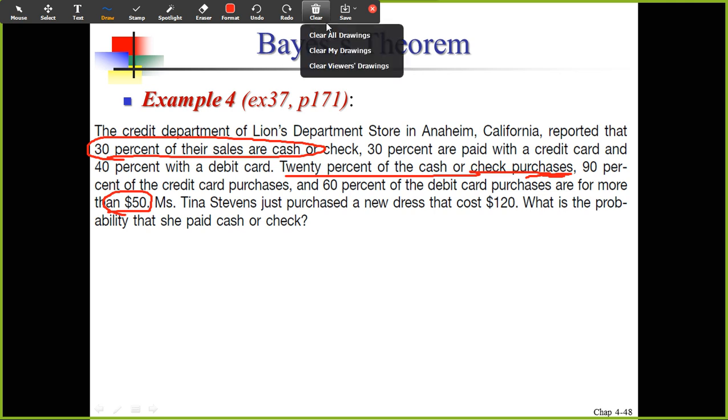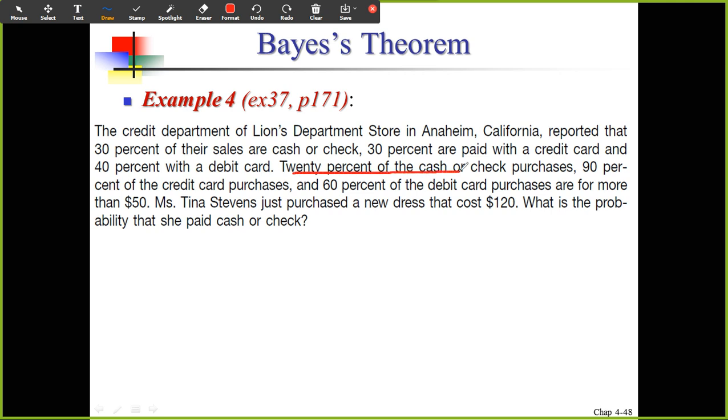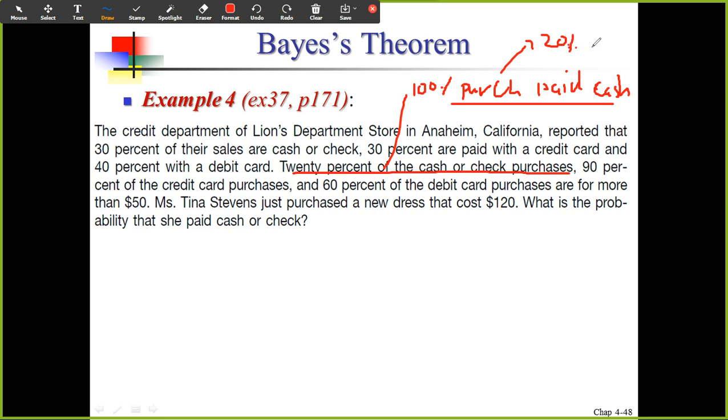So what does it mean in this case? I just analyze for you. Among 100% of purchases paid by cash, 20% spend more than $50.